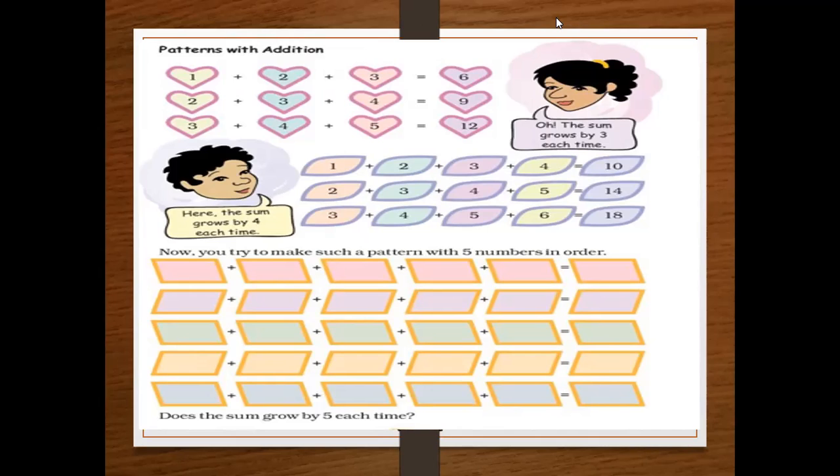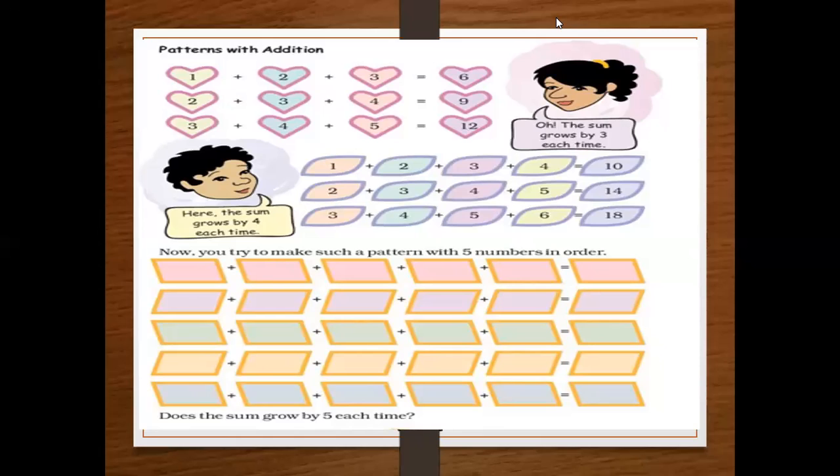If I add 4 numbers, 1, 2, 3, 4, I am getting 10. Next, 2, 3, 4, 5, again 4 numbers, 14. After that 3, 4, 5, 6, 18. So what are the answers? 10, 14, 18. What is the increase there? Listen first, don't write anything. Third question you have to write, not the first and second.